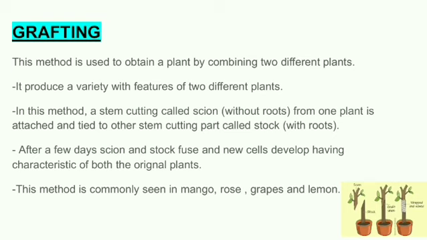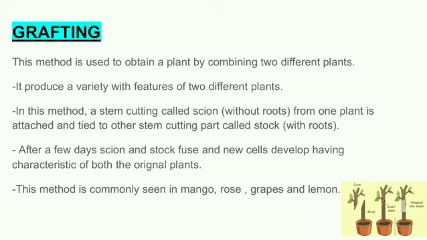And we will tie this scion with the stalk with the help of a thread. You can also see the same labelings in the given diagram. The stalk part should have the root.